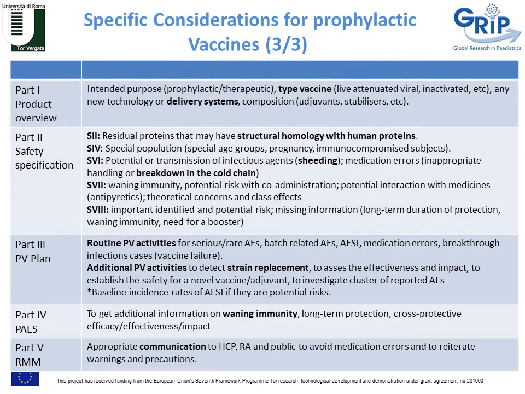In this slide, you can find the specific considerations for prophylactic vaccines in each section of the RMP. For example, in Part 1, the product overview, it is important to mention the type of vaccine, like viral vaccine, inactivated vaccine, or recombinant vaccine, as well as the delivery system, vectors, for example.